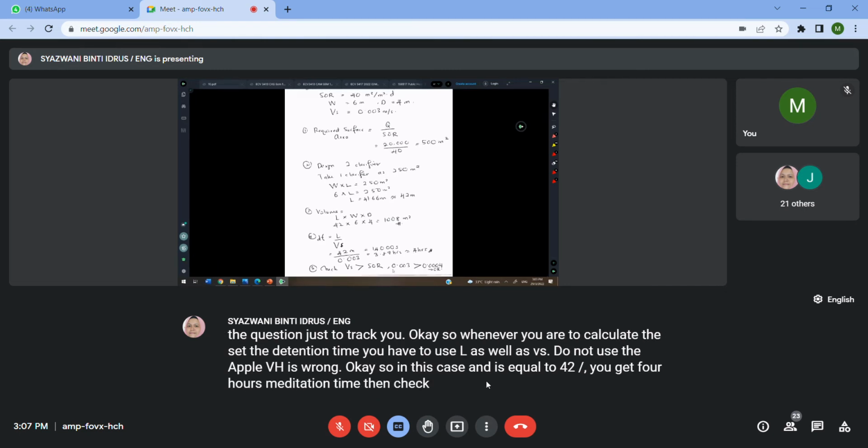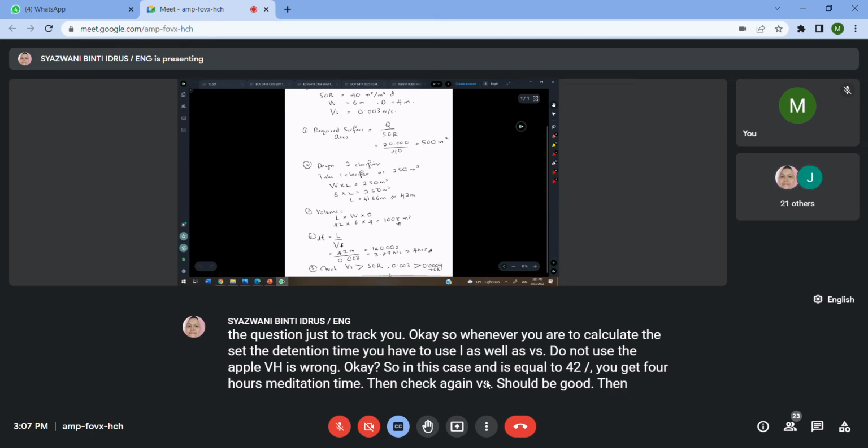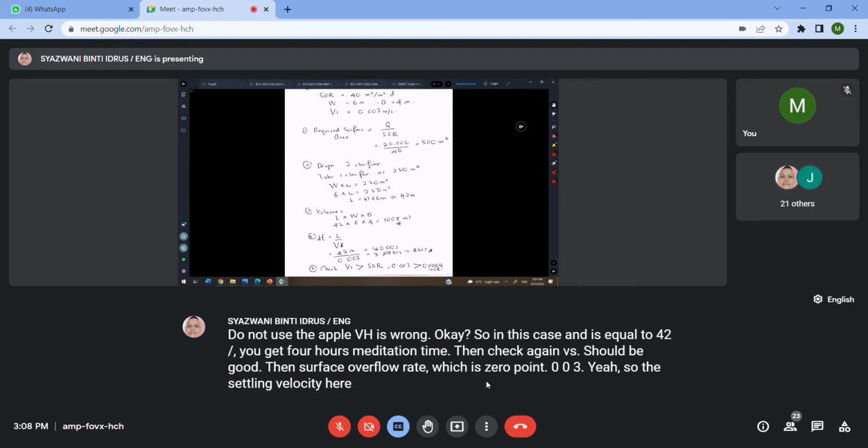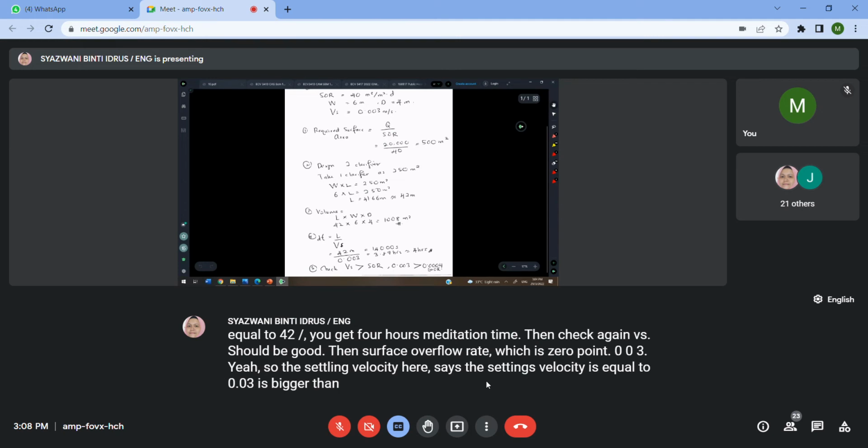Then check again: VS should be bigger than the surface overflow rate. The settling velocity is 0.003, which should be bigger than the surface overflow rate.